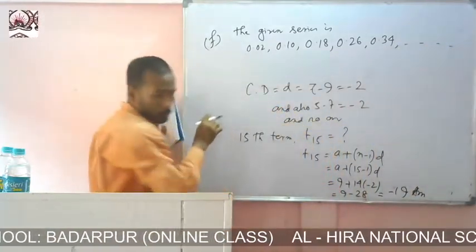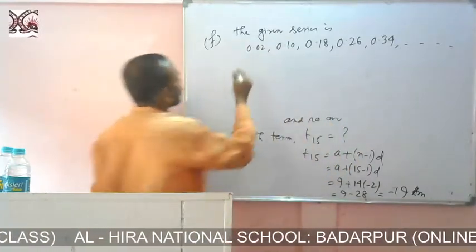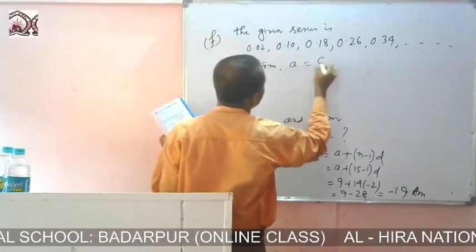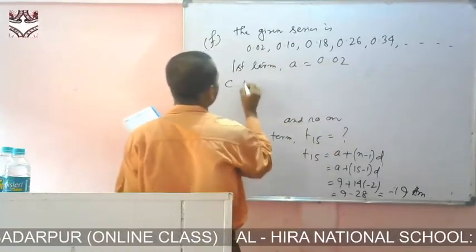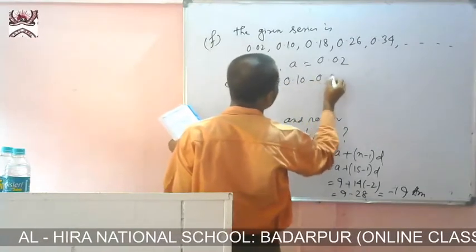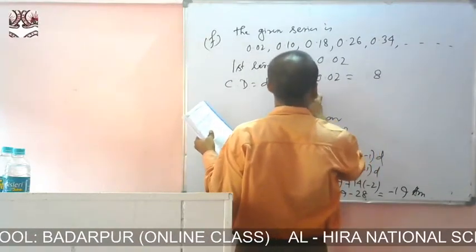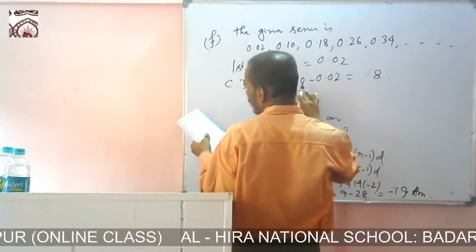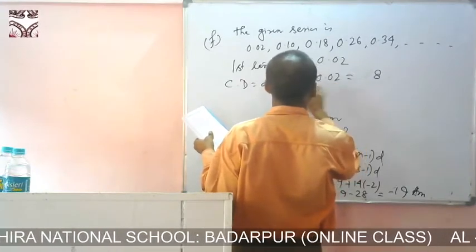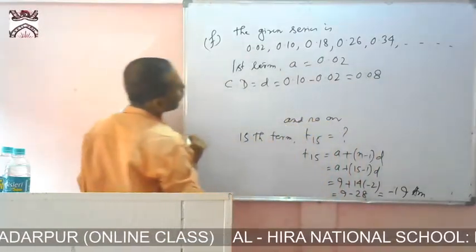So the first term A is equal to 0.02, and the common difference D, if we subtract 0.10 minus 0.02, is 0.08.